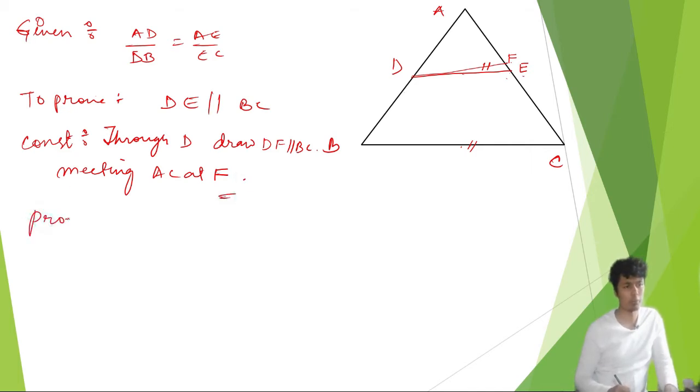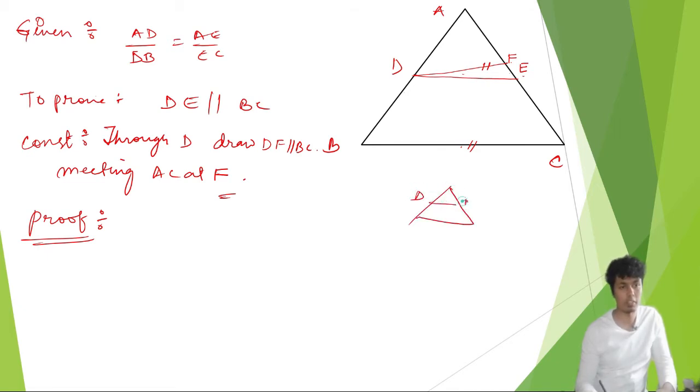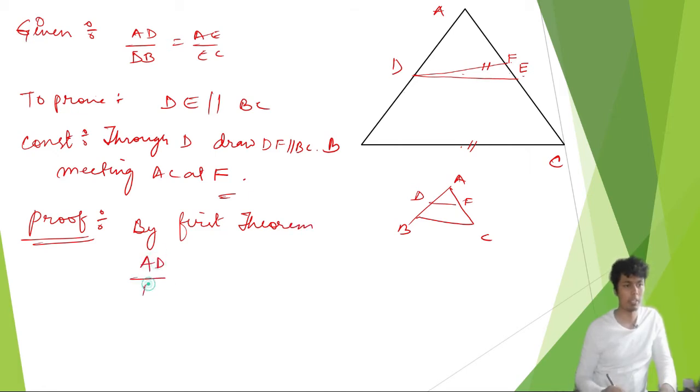Now proof, let us start our proof. We know by basic proportionality theorem, the before theorem, that if the triangle ABC is given and DF is parallel to BC, then by basic proportionality theorem, by first theorem, AD by DB is equal to AF by FC.